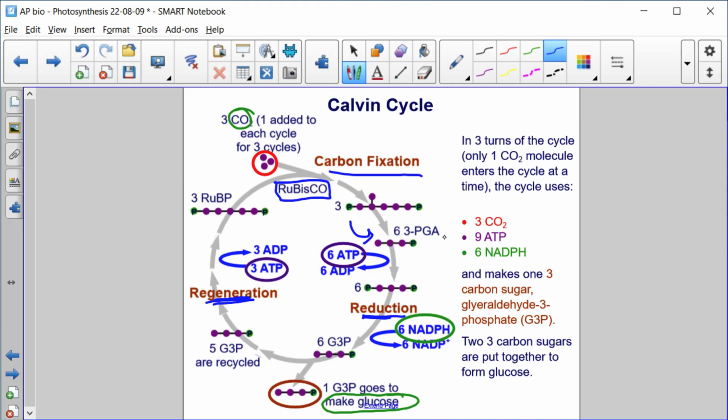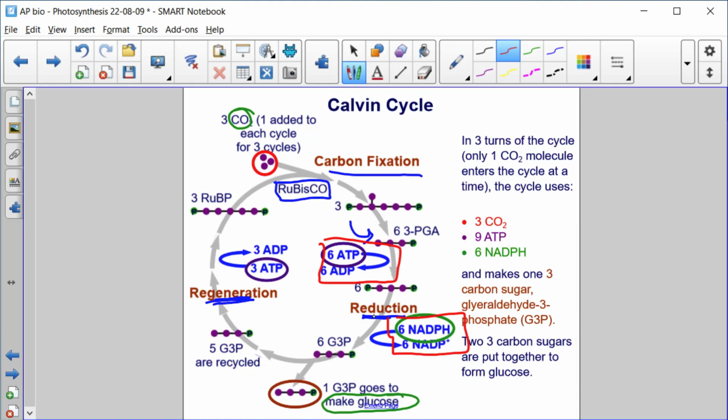The next step in the cycle is reduction, or the conversion of that CO2 to carbohydrate or glucose. This is CO2 reduction because we're adding electrons and energy to the CO2 molecule. There are a sequence of reactions that use the ATP and the NADPH from the light reactions. 6 each, 6 ATP, 6 NADPH.